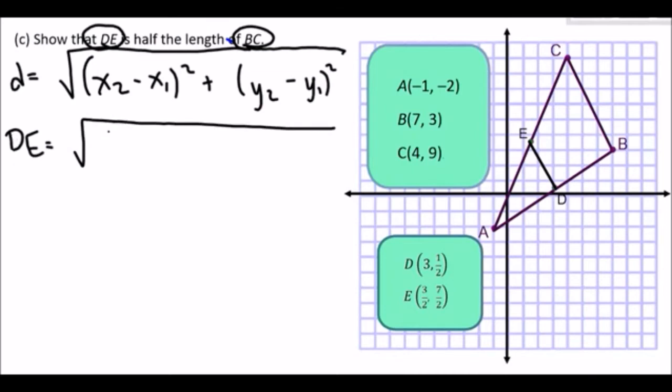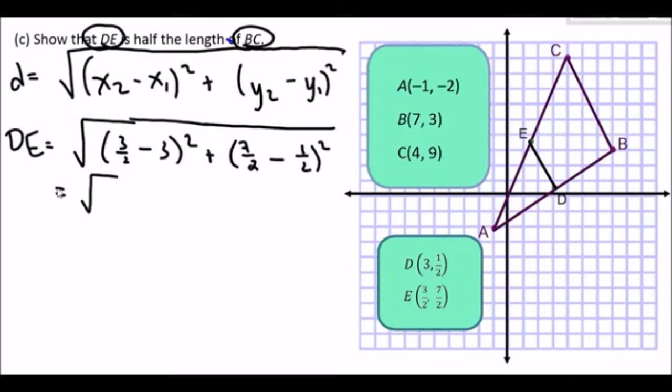So x2 minus x1. Oh, boy. That was almost a disaster. Let me fix this. X2 minus x1 plus y2 minus y1. So a bit of some fraction math going on.